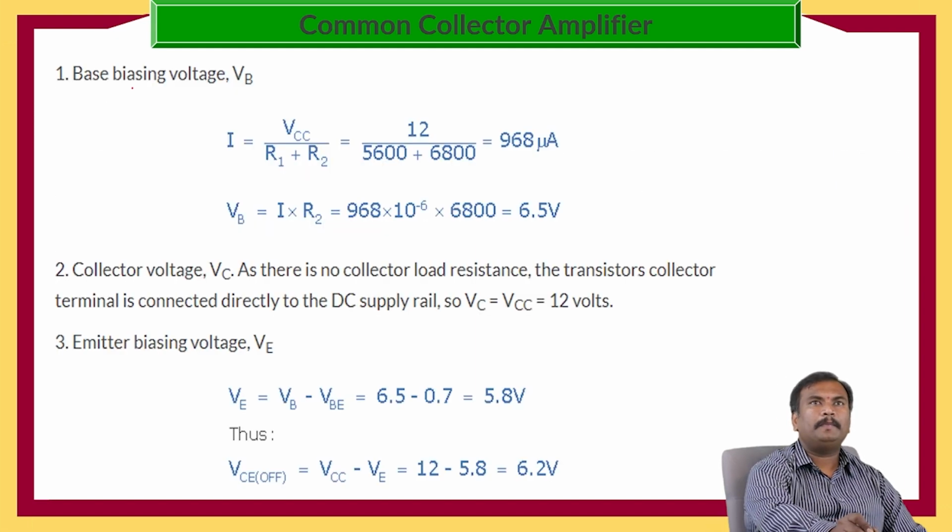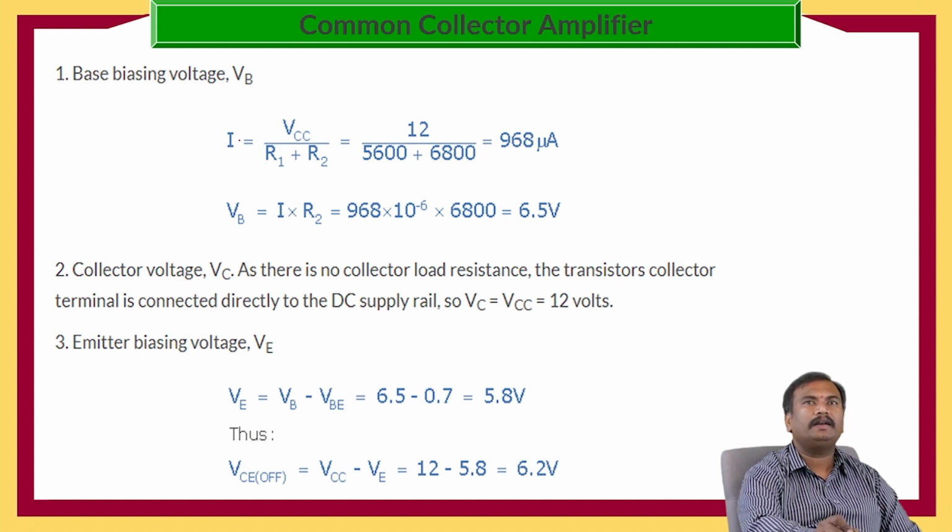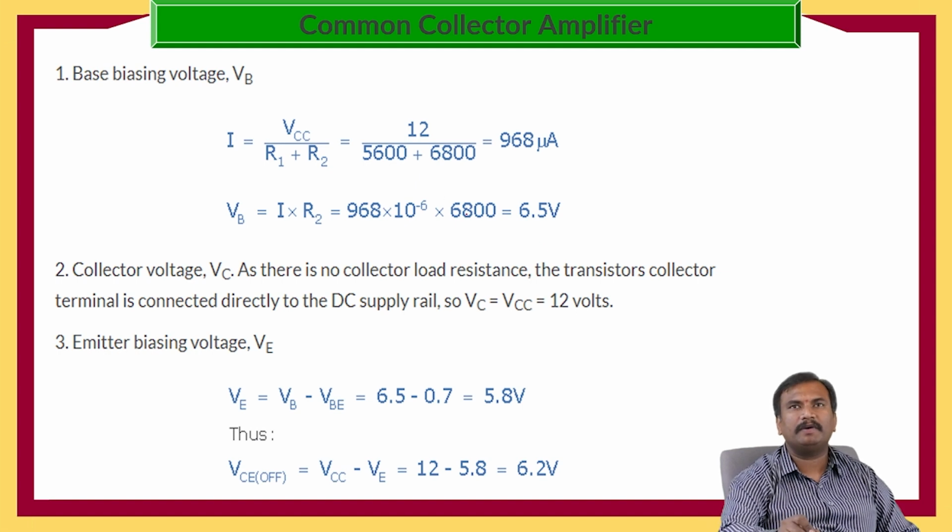The base biasing voltage VB we need to calculate. For that, first we calculate I, which is VCC by R1 plus R2, that is 12 by 5600 plus 6800, which is equal to 968 microamperes.